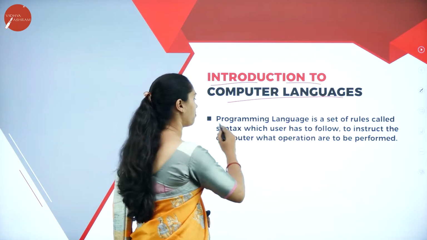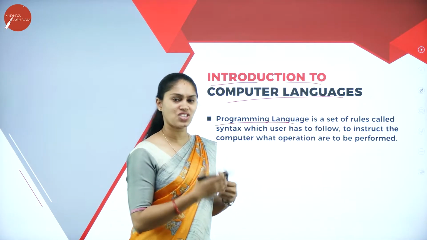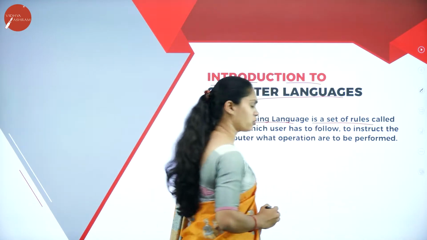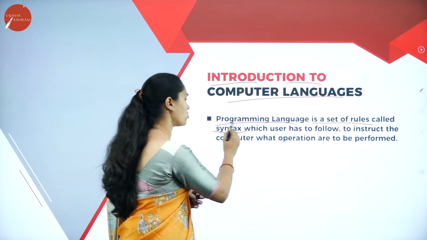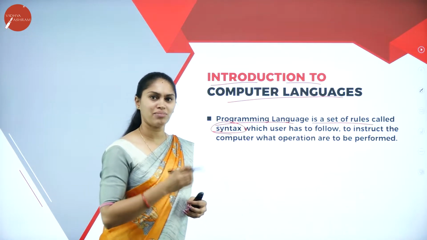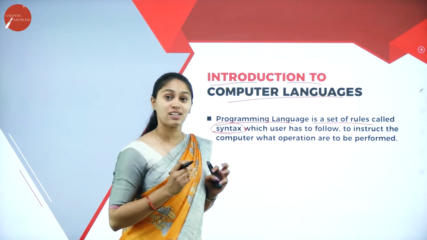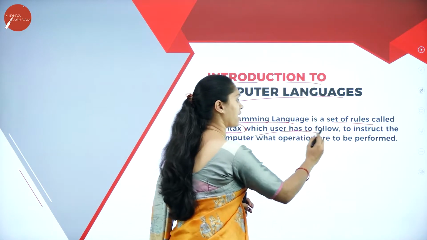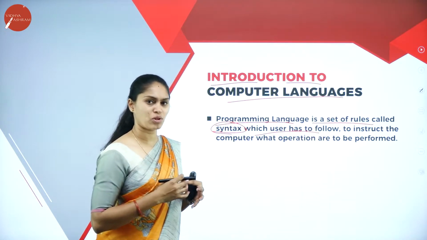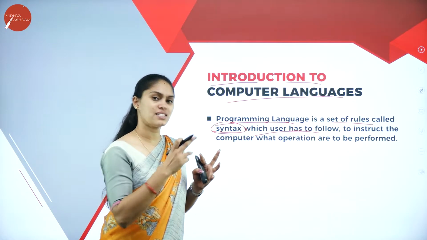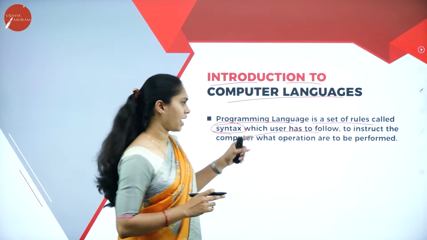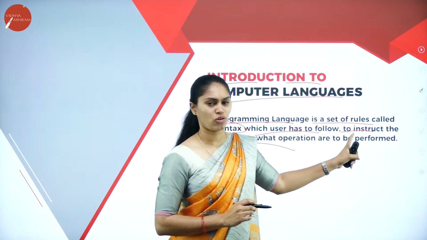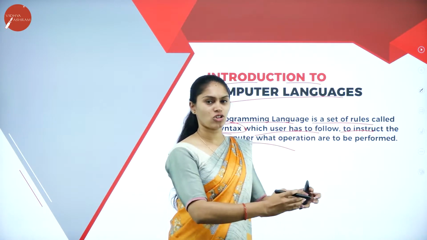So, by making use of a programming language, I have to communicate with a computer. A programming language is a set of rules, and that set of rules is termed syntax. If I am writing a program, I have to follow that set of rules. To instruct the computer system what operation it has to perform, I have to tell it what job to do.